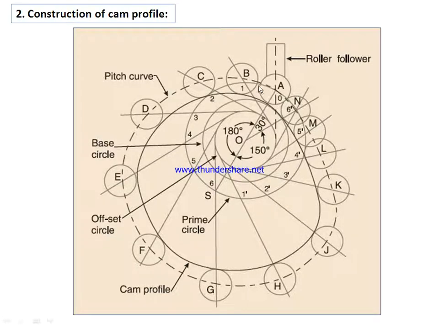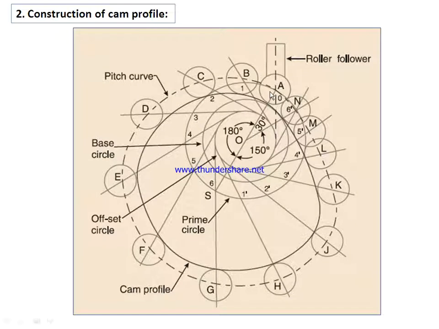What is the radius of the prime circle? Minimum radius of the cam plus radius of the roller. That is 15 is the minimum radius of the cam plus the radius of the roller is maybe 5 millimeter. We have to add, and then that will be the total radius of the prime circle.